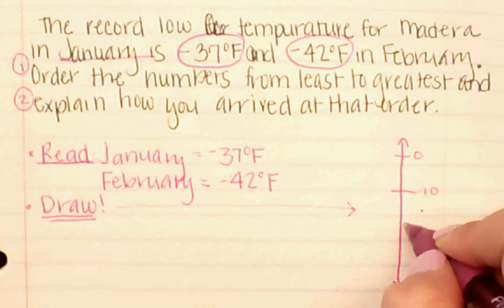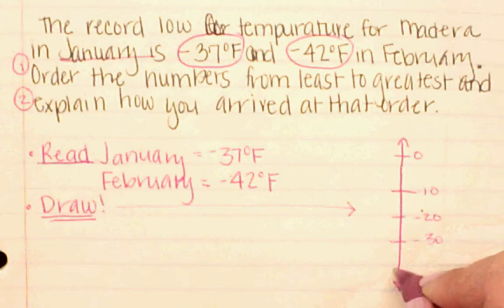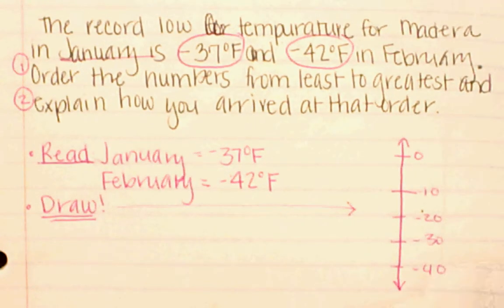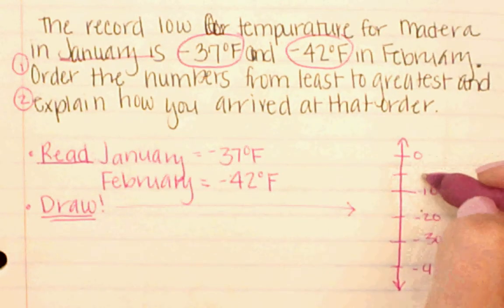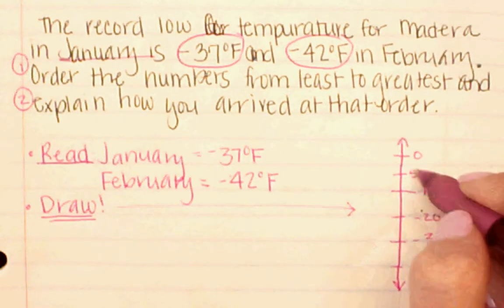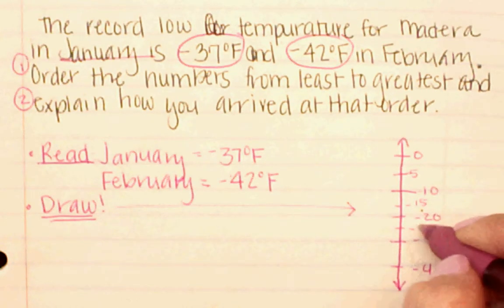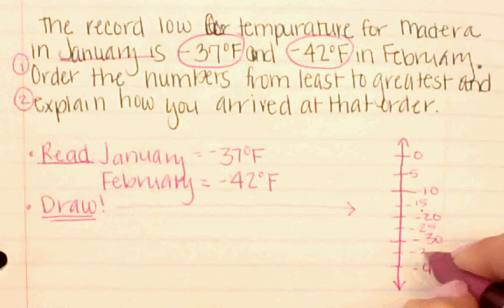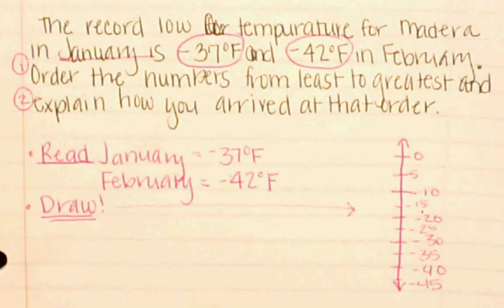Negative 10, negative 20, negative 30, negative 40. And I can even make these negative 5, negative 15, negative 25, negative 35, negative 45. Okay?